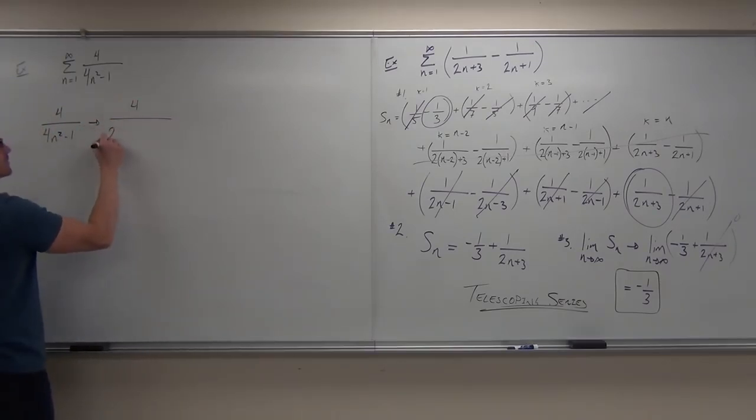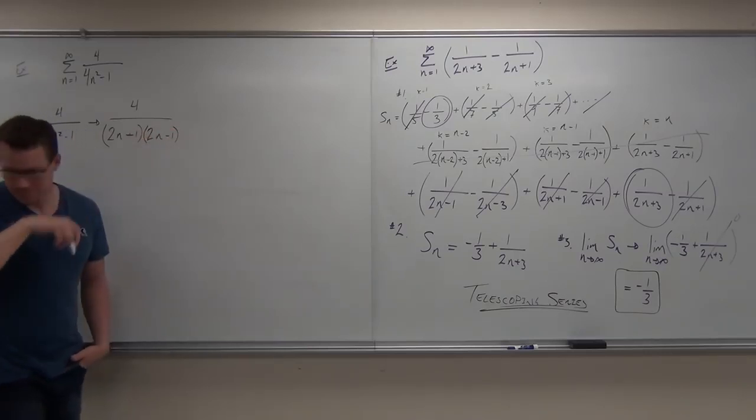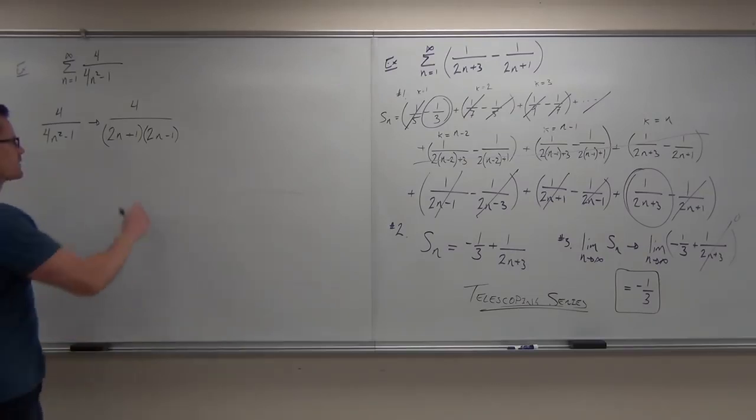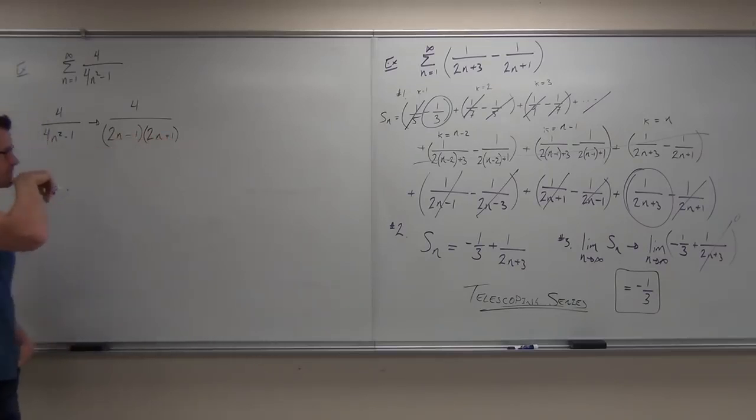This would be 2n plus 1, 2n minus 1. Actually, I think it works out better if I do this, easier to see: 2n minus 1, 2n plus 1.